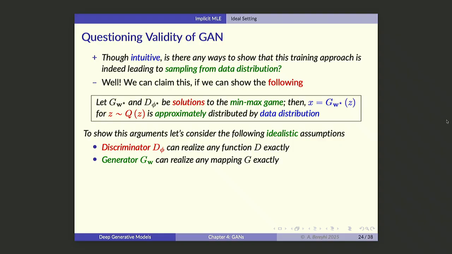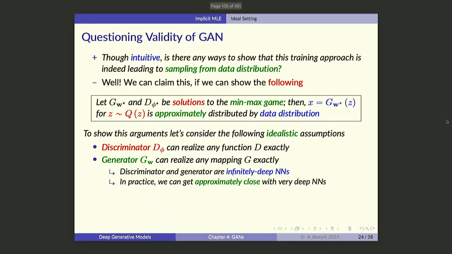When I have a limited size neural network, it approximates many functions, but it's not necessarily showing all the possible functions. But if I go deeper and deeper, it's going to get better and better in approximation. Now I'm thinking asymptotically, assuming my neural network is infinitely large. The same thing I assume for my generator. So essentially what I'm saying here is that my networks are infinitely deep.